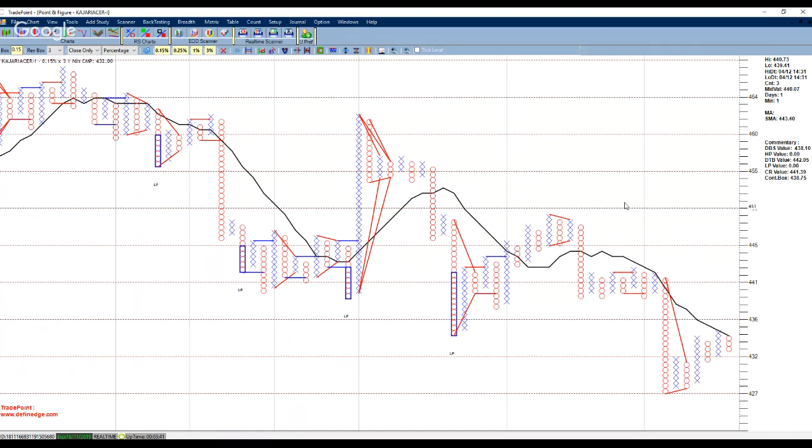Okay, guys, let's get started with the presentation for the day. So, in point and figure in general, we have a concept called follow through. What we mean by the concept of follow through is that when you have a bullish or a bearish pattern, and when you have a subsequent buy or a sell signal which is in sync with the previous pattern, then we call that secondary buy or sell signal a follow through signal, right?